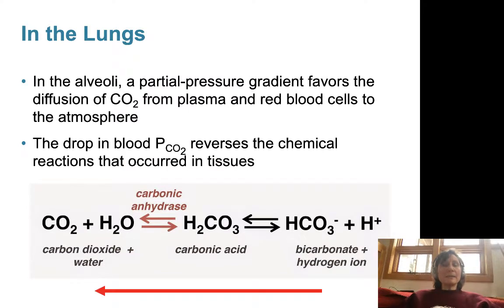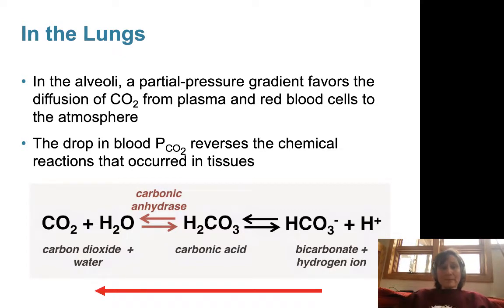And then in the alveoli of your lungs, a partial pressure gradient favors the diffusion of CO2 from the blood plasma and red blood cells, but that's as bicarbonate ion. It's going to cause a partial pressure gradient that's going to favor carbon dioxide leaving those cells going into the alveoli, and that increase in respiration is going to cause you to expel that carbon dioxide into the environment.